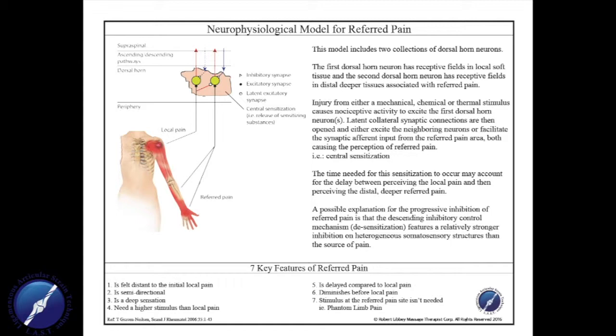The referred pain, although it comes second, it goes first. So when you're going through a rehabilitative process and you're starting to have some healing occur through the physiology, the referred pain goes first, and then the local pain is what you're left with that will diminish afterwards. And then the stimulus for the referred pain site isn't needed.